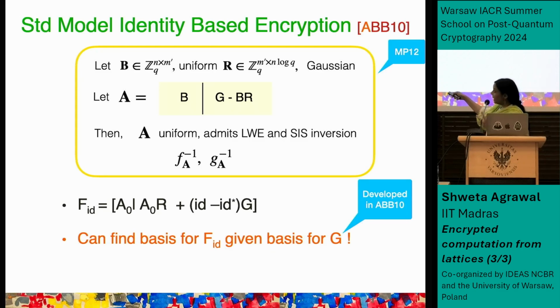Now, in our case, A0 will be given to us by the LWE challenger. We have no control over it. But it doesn't matter because I did not need anything special from this A0. I will simply set my FID in this particular way, again argue using the leftover hash lemma that this FID looks random, and use the techniques from yesterday to compute a trapdoor for FID.